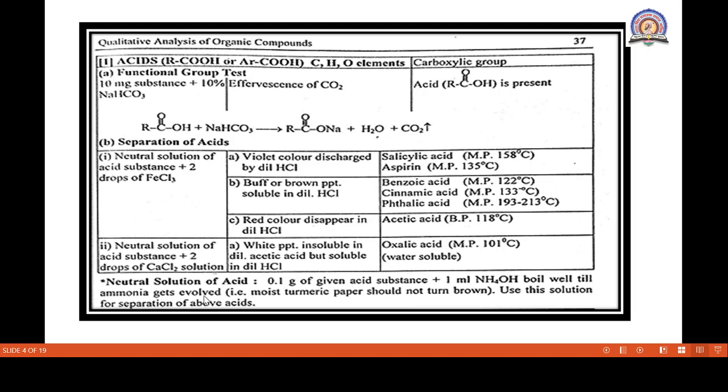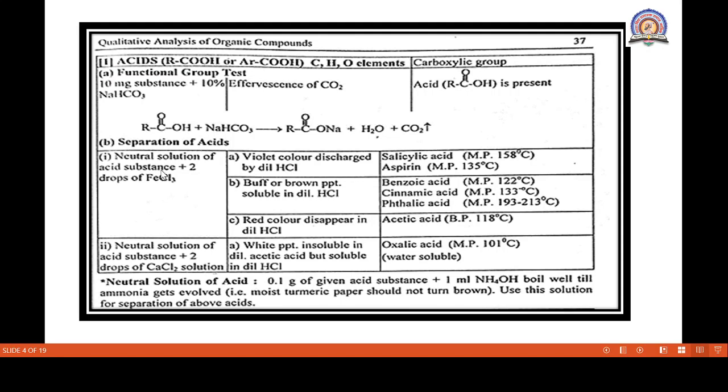How to check whether ammonia has evolved or not? We moist the turmeric paper and hold it on the neck of the test tube, and we should not observe a brown color on the turmeric paper. Then we conclude that the ammonia has evolved. Use this solution as a neutral solution.